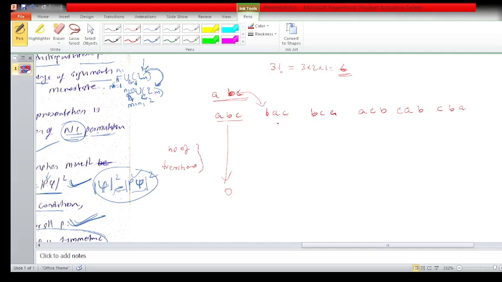Okay, BAC, if you consider, first we have to change A to B, right? Then B to A, and B to A. So the total number of transitions will be 2.